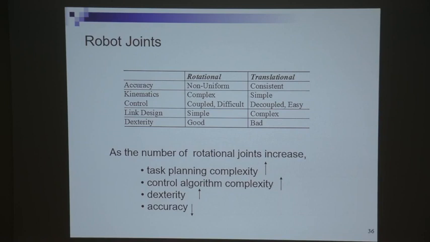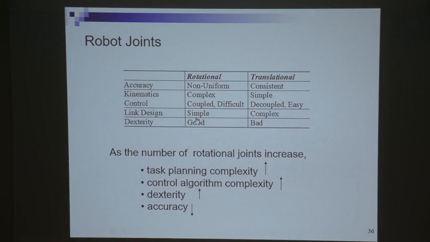Accuracy is non-uniform. Oh, you don't understand why the rotational... okay, so for the accuracy of the rotational joint, you have 1 degree, 2 degree, 3 degree. Your 1 degree, 2 degree, 3 degree will be connected to a link, so the length of the link will have an effect.